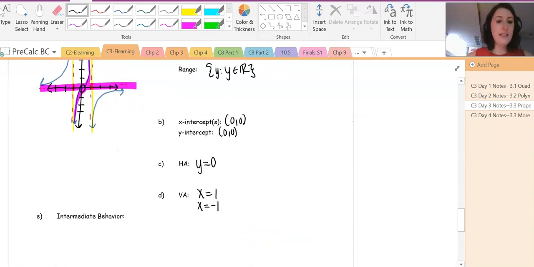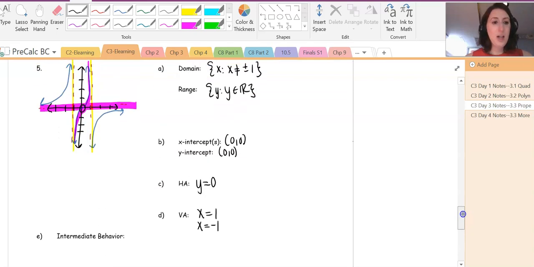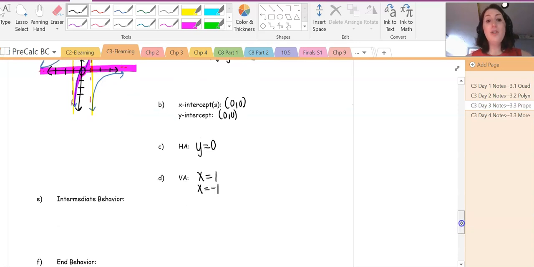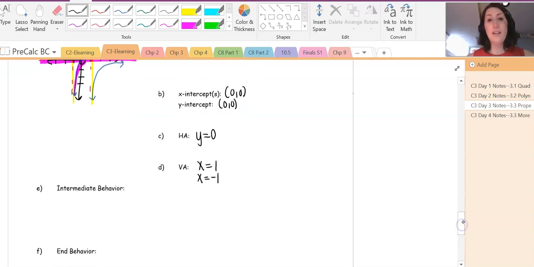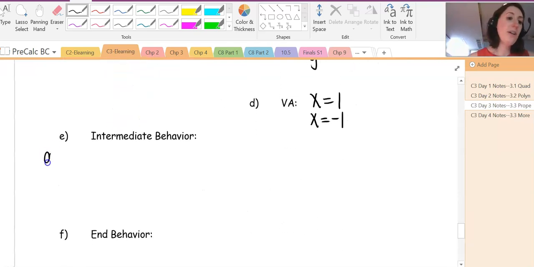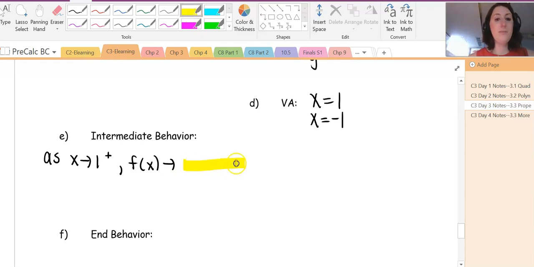And finally, intermediate and end behavior. So notice that you have 2 vertical asymptotes. So that means we have 2 separate statements of intermediate behavior. So I'm just going to get them set up first. We're going to say as x approaches 1 from the right, f of x approaches, and we'll have to figure out what that is.